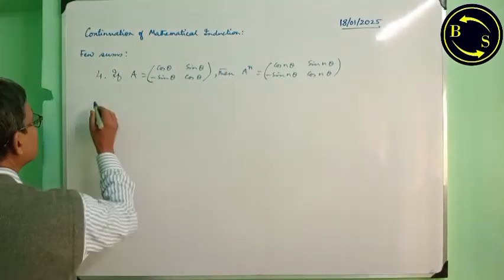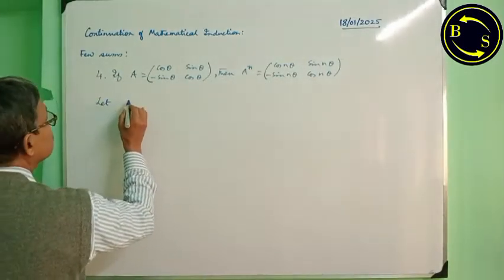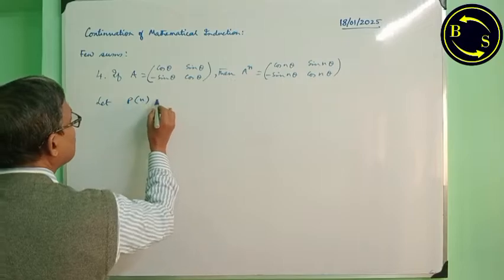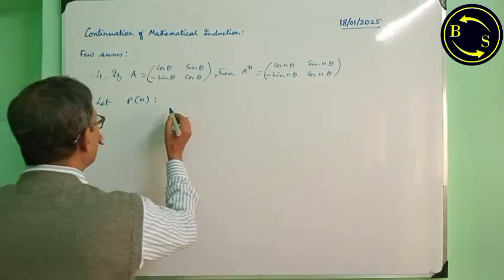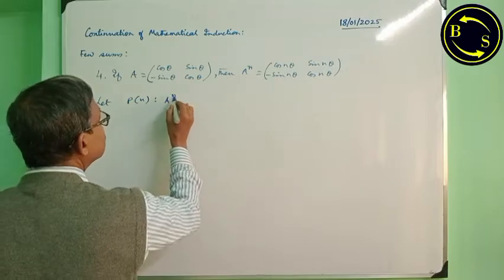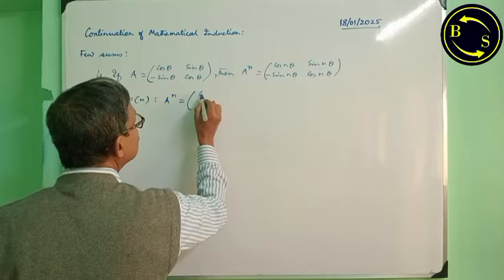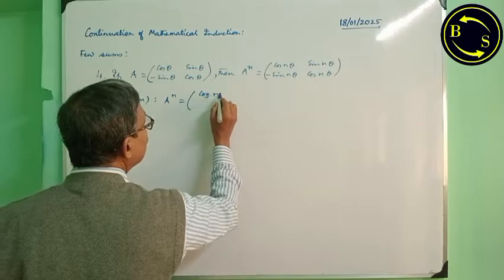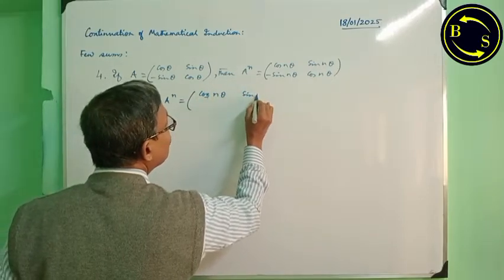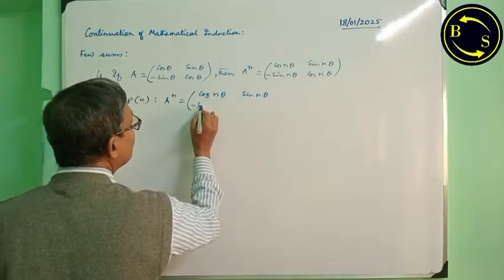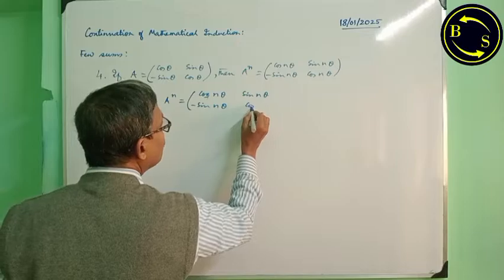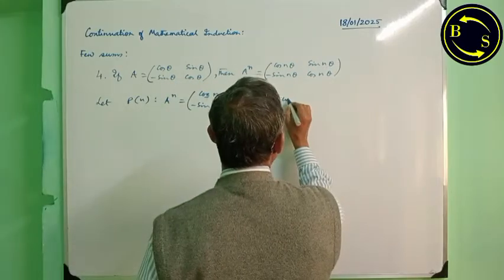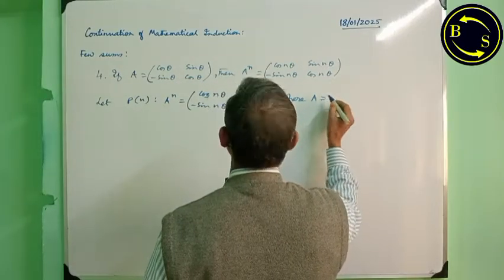Now we start like this. Let Pn be the statement where A equals this matrix.